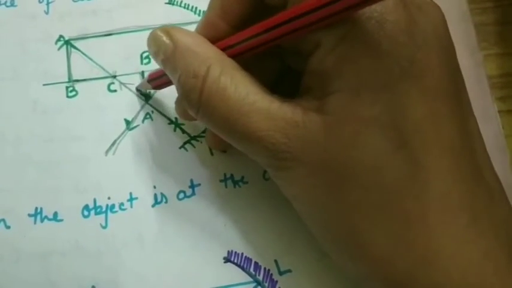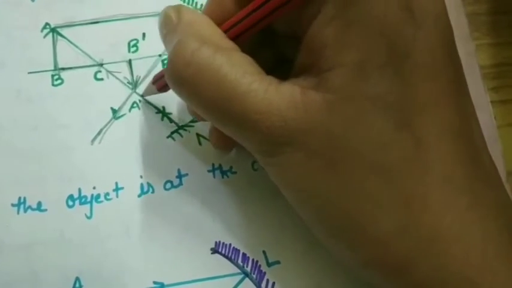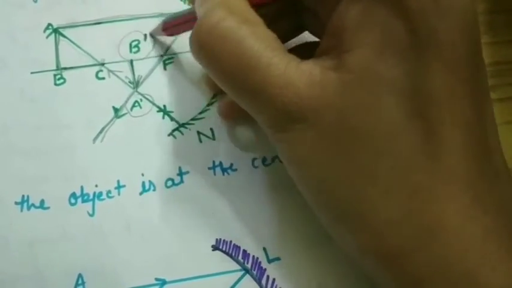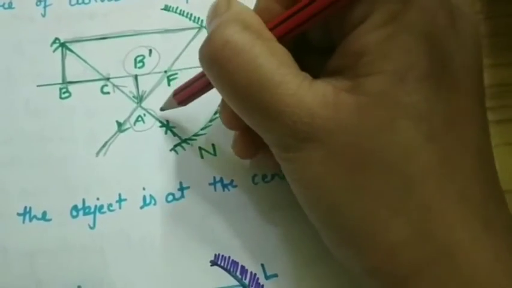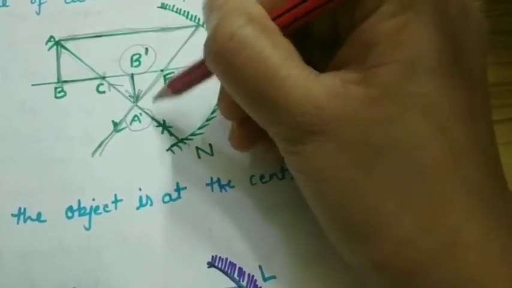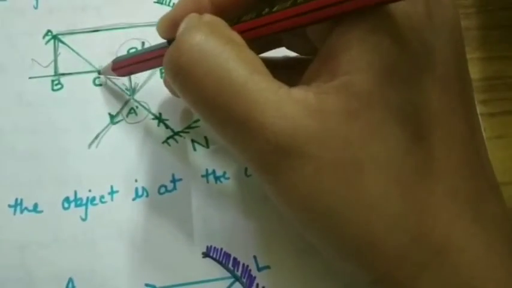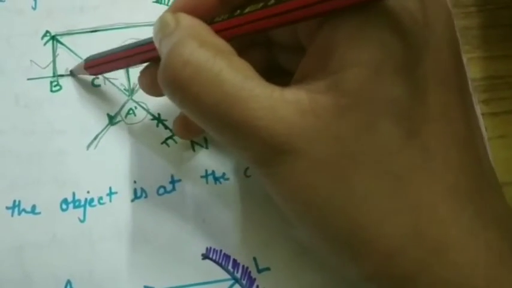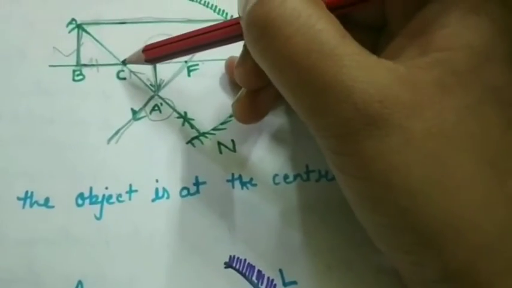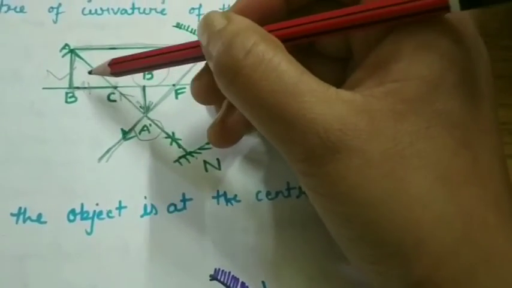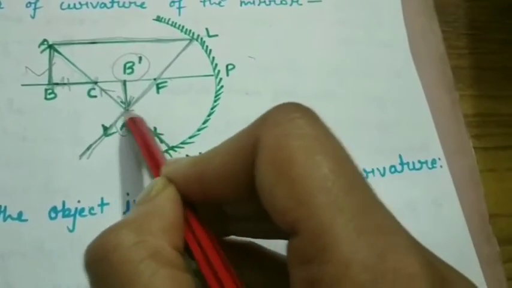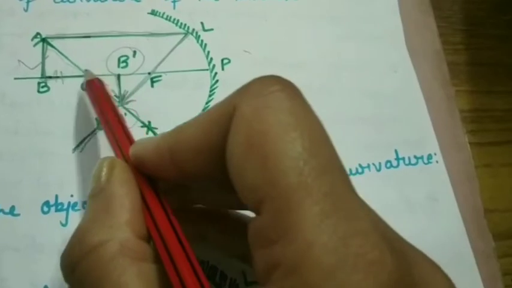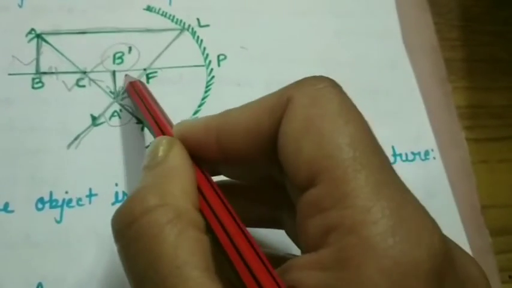You can see that point, A dash B dash. This A dash B dash is the image formed by an object placed far away from the center of curvature. If any object is placed far from the center of curvature, its image will be formed between the center of curvature and the focus.